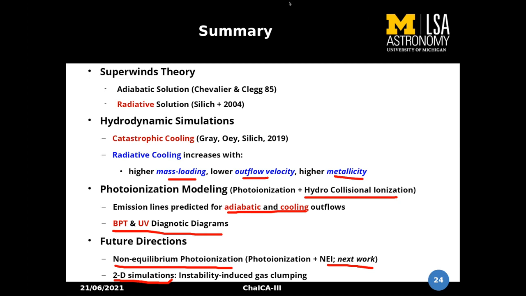Very quickly, Tomoyuki, maybe? Yeah, thank you. I'm interested in the last point you raised. Where do you expect the 2D clumpy structure, is it associated with catastrophic cooling, or in other regions do you expect clumpy structure?